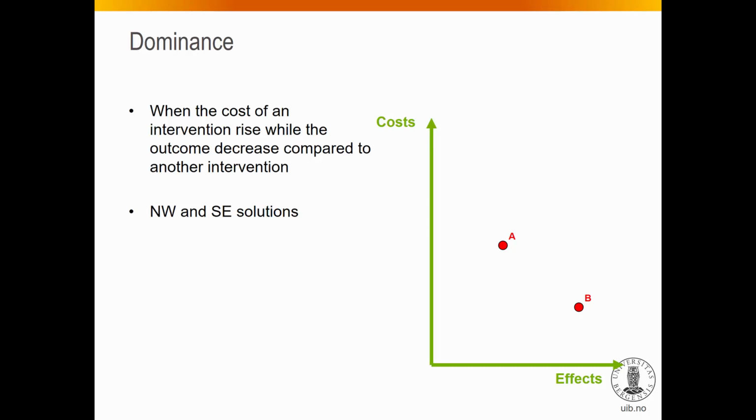We can also consider them in a graph like this one, where we have intervention A and intervention B, and we see that intervention A is more costly and less effective compared to B. So in this case, we can say that B dominates A. Or inversely, we can say that A is dominated by B because it is more costly while being less effective.